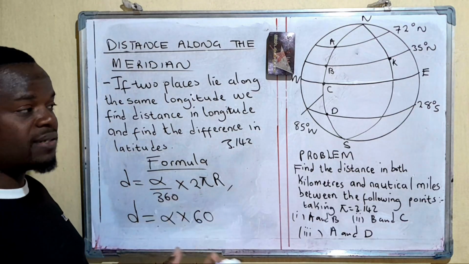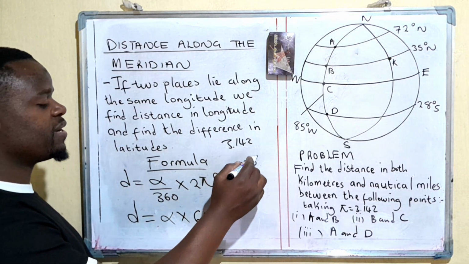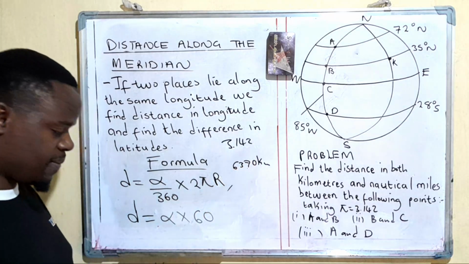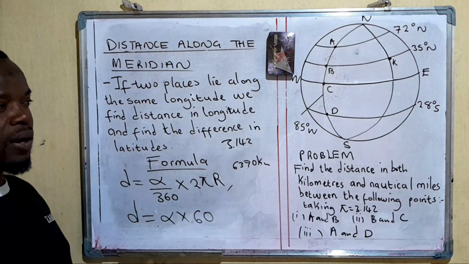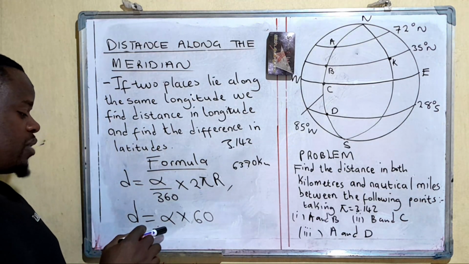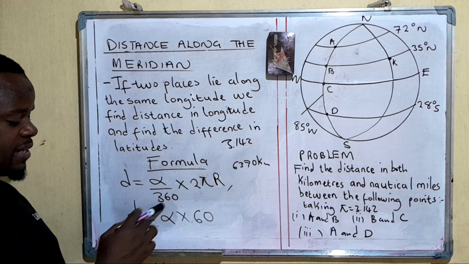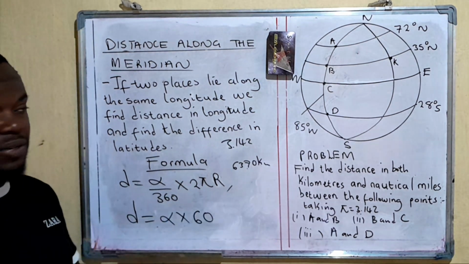When you're calculating distance in kilometers, the radius of the Earth is 6370 kilometers. Then when you're asked to determine the distance along any meridian in nautical miles, you make use of this formula: the difference in latitudes times 60.